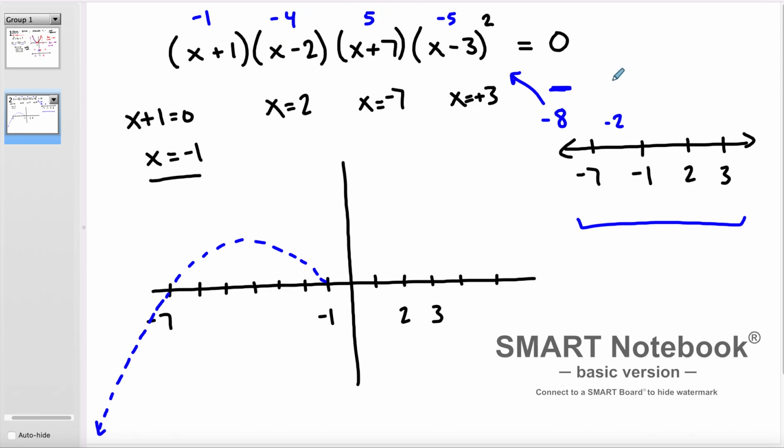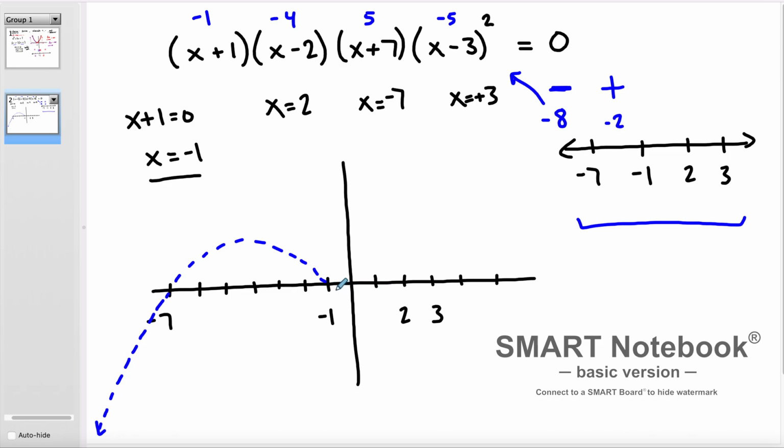That's going to be a positive value, right? Negative times negative is positive, times positive, still positive, times a positive here, still positive, right? And so, ta-da, right? As we assumed was going to happen, we end up in positive territory. This interval is above the x-axis. This interval is positive, right?